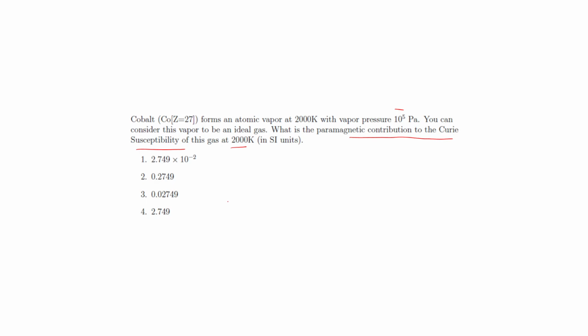So we have to first find the Lande G factor, and it is given by 3/2 plus S(S+1) minus L(L+1) over 2J(J+1).